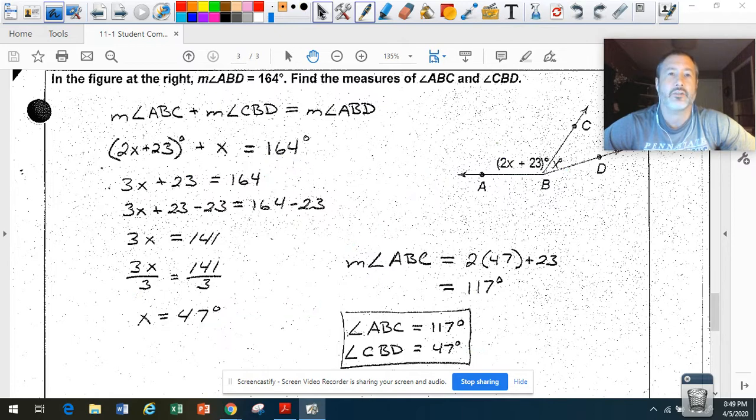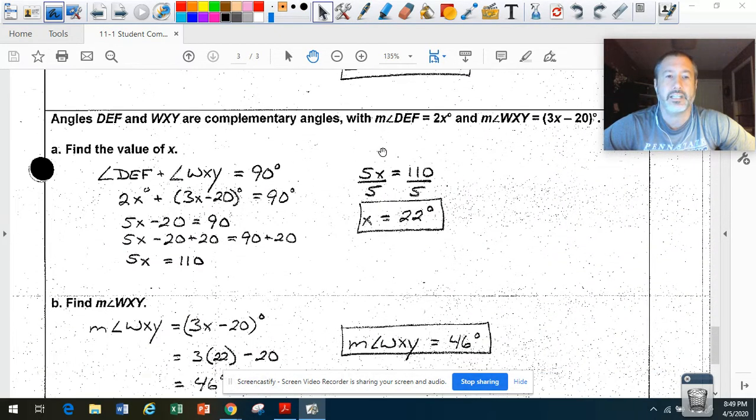Okay, last one here. Let's see what we have. Oh, I see a key term here. Key term here looks to be complementary. It says angles DEF and WXY are complementary. Remember, complementary means they add up to be 90 degrees.